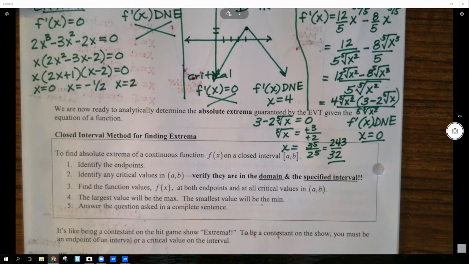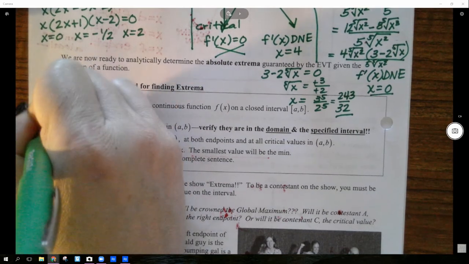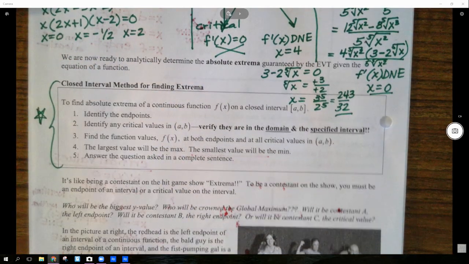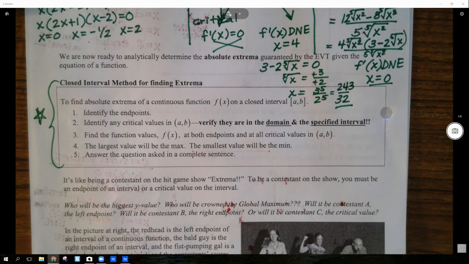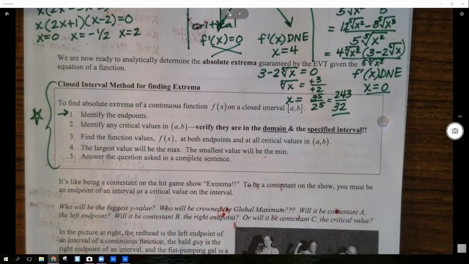Alrighty, so there's some information in the box that you should take a screenshot of or write down on some index cards. These are your steps for finding absolute extrema. First of all, identify the endpoints. You always include the endpoints in with your critical values.